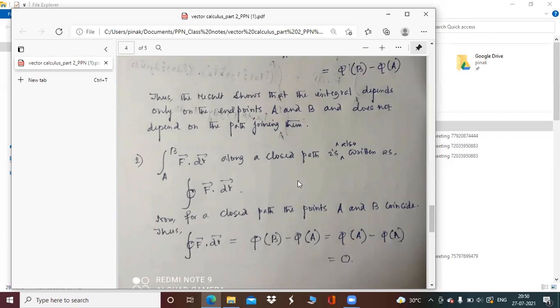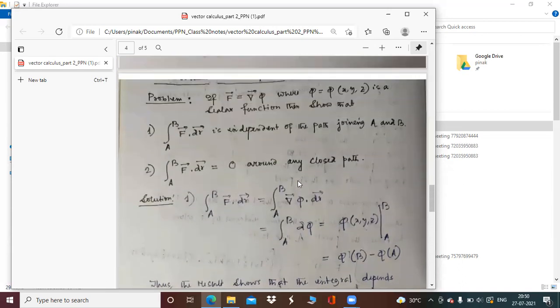Now, as I have said initially, this particular problem actually gives us the idea of the definition of a very important quantity, and that quantity is called a conservative vector field.